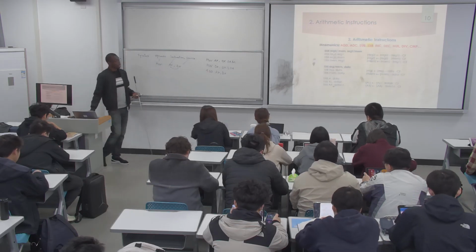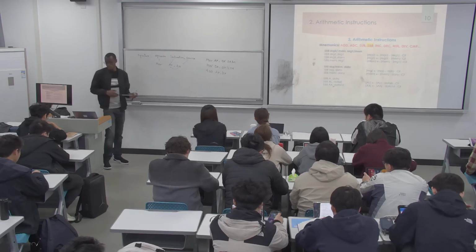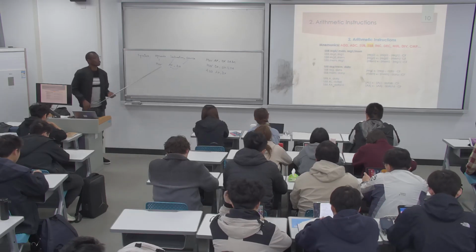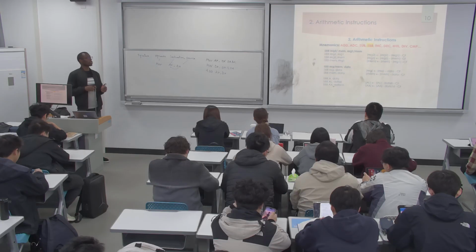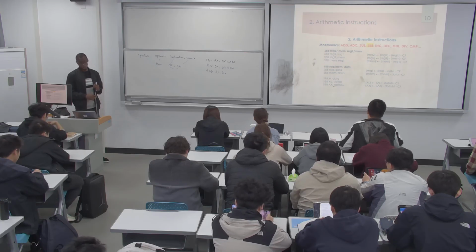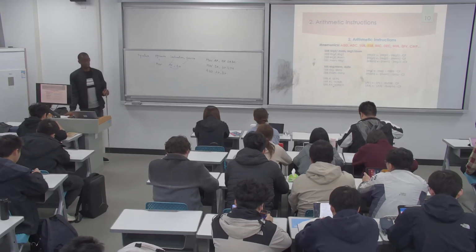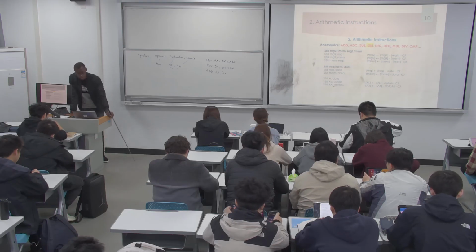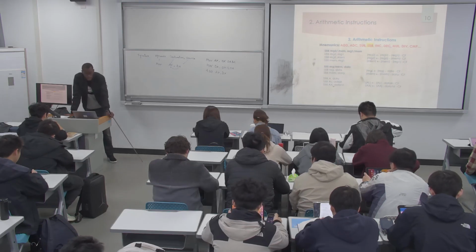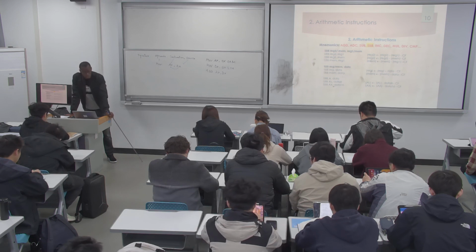Next is SBB, subtract with borrow. So when doing the subtraction operation, we all know that sometimes we need to borrow. So this SBB is subtraction with borrow. That means this instruction ensures that the borrow from the lower byte is subtracted from the high word.